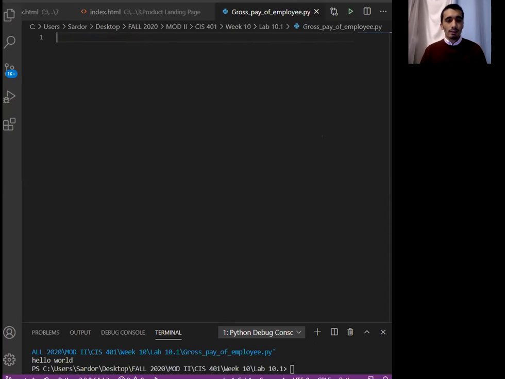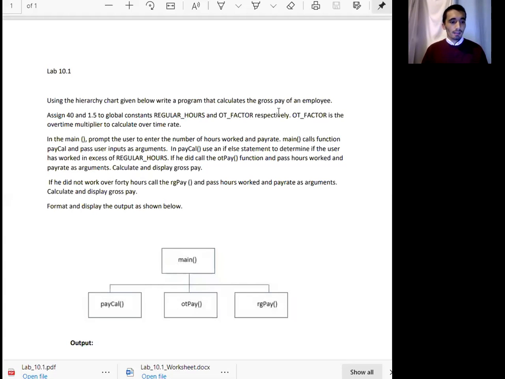So what we need to do is, let's start from the beginning. What do we need? We need to assign 40 and 1.5 to regular hour and OT factor.